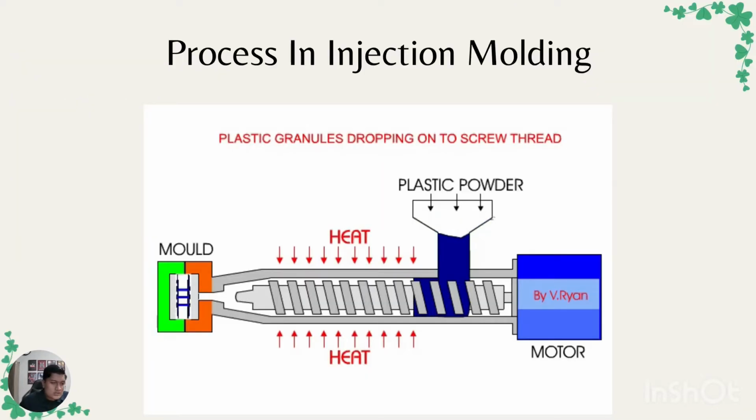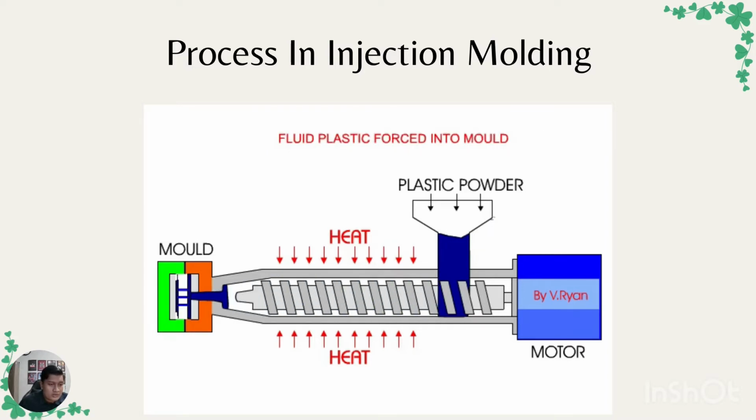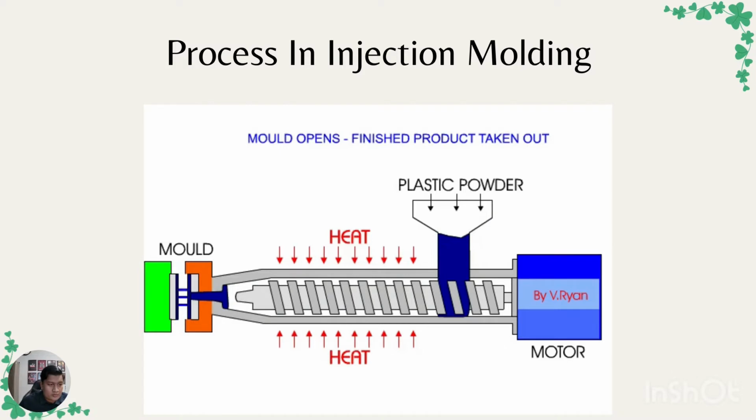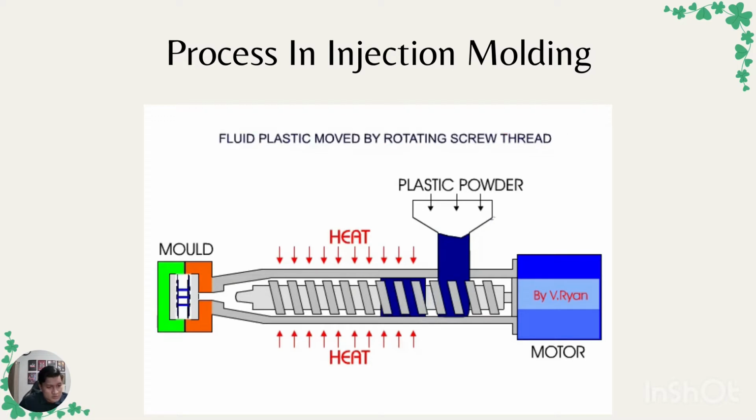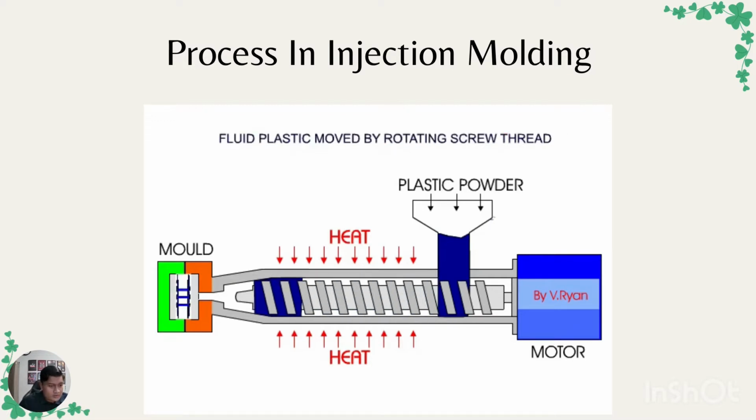So basically this is a figure of how the machine works. This is where the granules of polypropylene materials are inserted and then it will go into the machine. This is the screw system that moves the material.